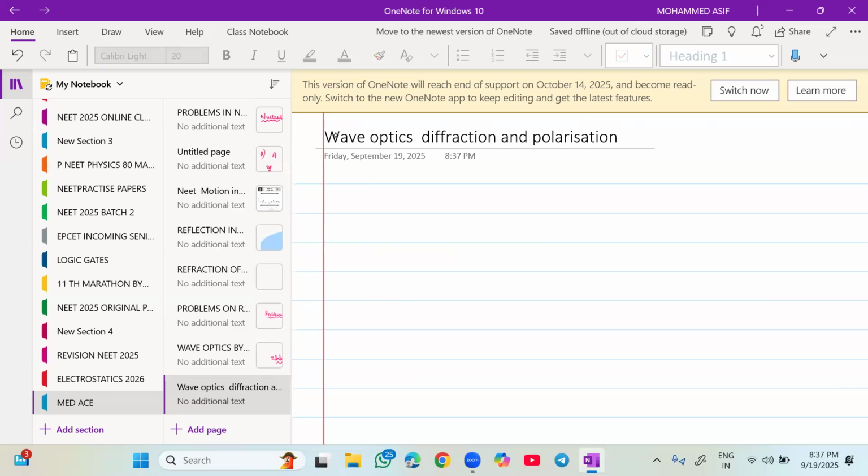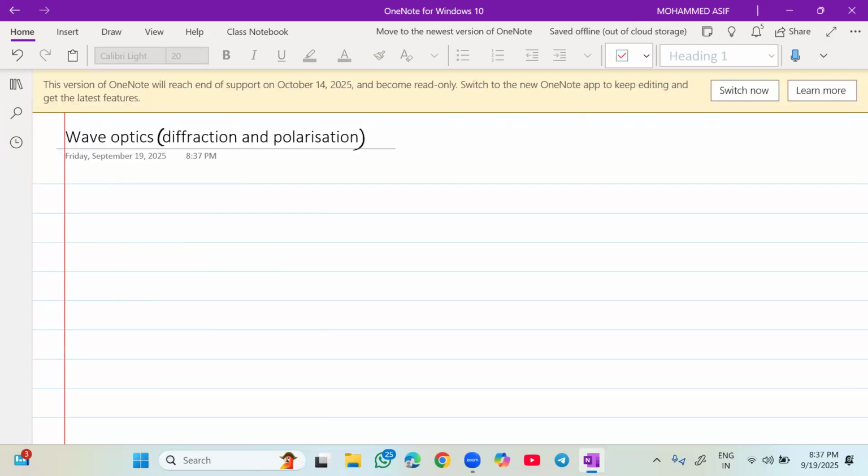Okay, a very important part. Can anyone tell me what you mean by diffraction?